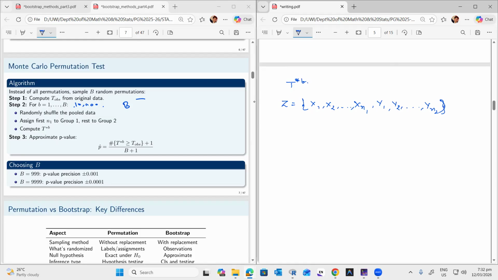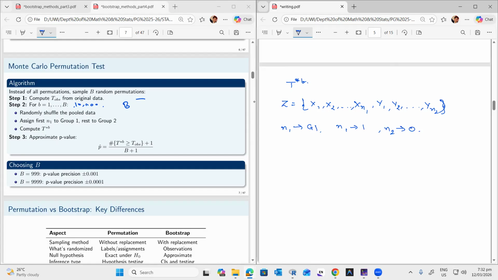After reshuffling, we randomly reorder the indexes of Z and assign the first n1 observations to group 1, and the remaining we use for group 2. In practice, we create a label vector of length n with n1 denoted by 1 and n2 denoted by 0, and then randomly permute this vector.